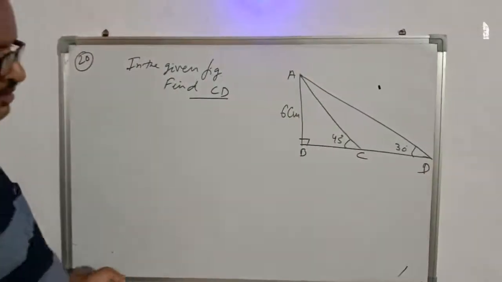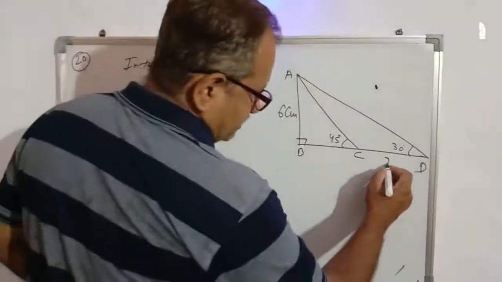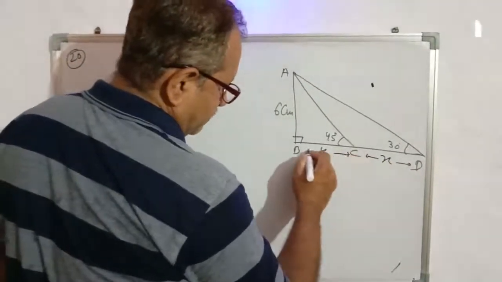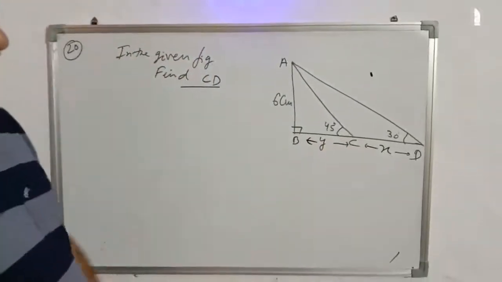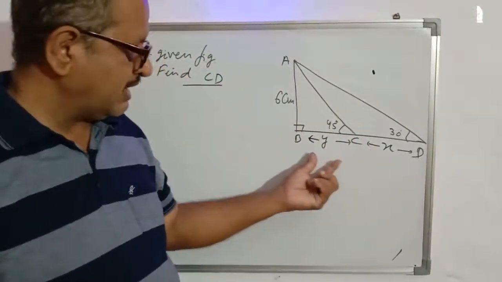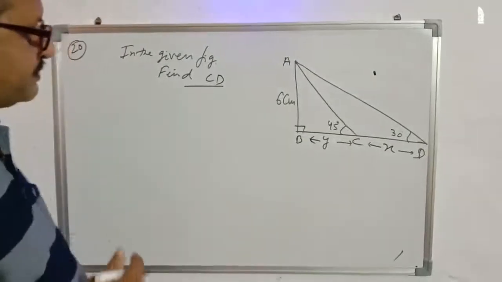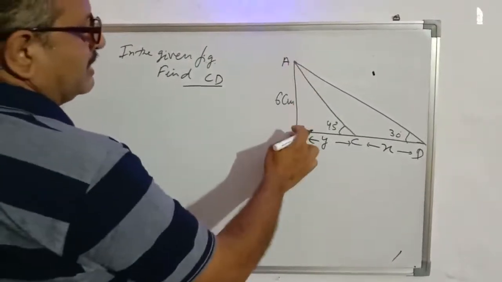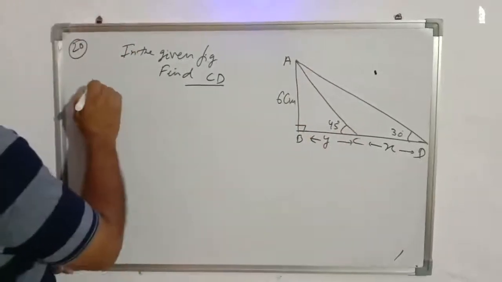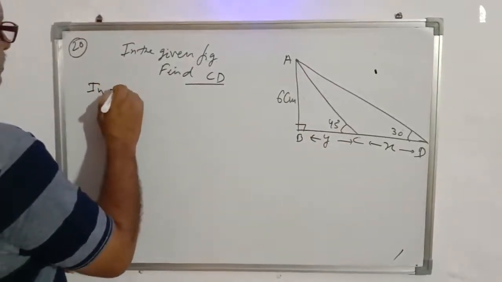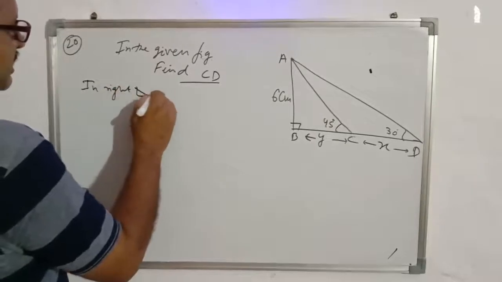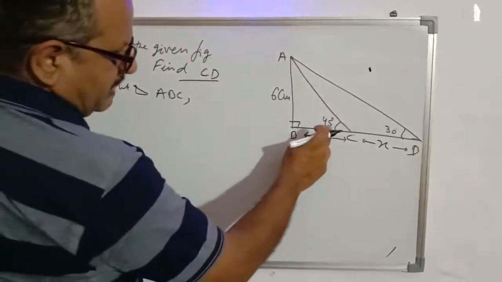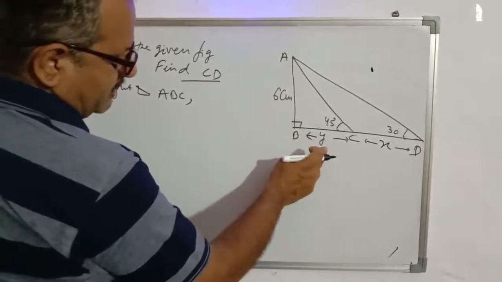So let us suppose CD be X and BC be Y. So firstly take right angle triangle ABC. In right triangle ABC, with angle 45, this is perpendicular, this one is base.